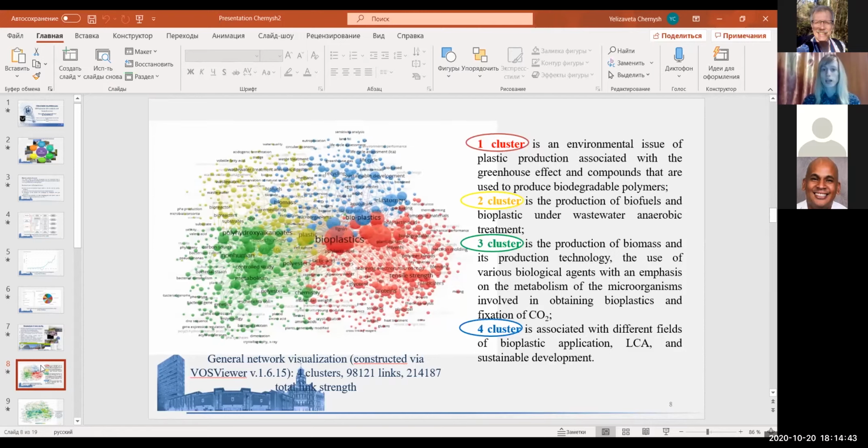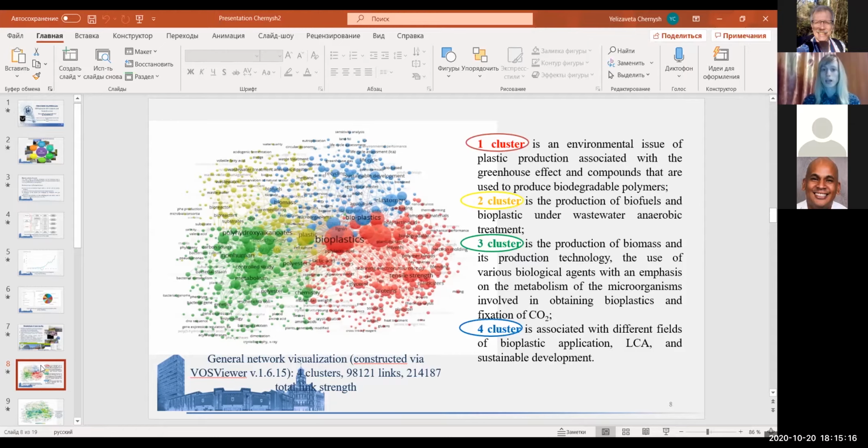We use data from the Scopus database in some interesting processes of cluster forming, constructed via VOSviewer, a software for visualization of different directions of bioplastic development studies, and we identify several types of clusters.